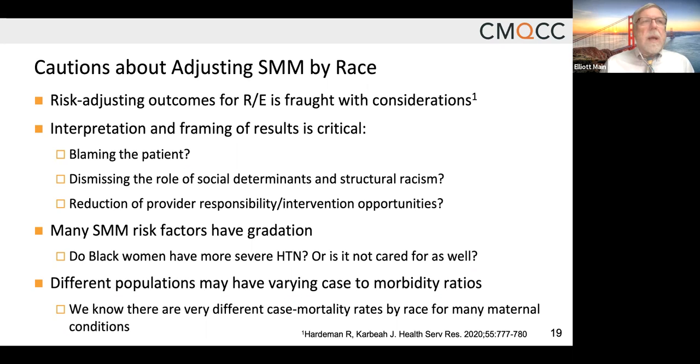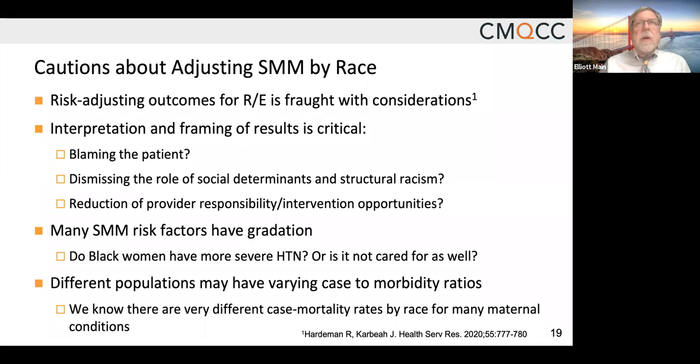We know that SMM risk factors are grossly categorized within our risk adjustment model, and they have gradation. Chronic hypertension can be a history of it, or maybe one medicine, or it could be on 3 medications, very difficult to control versus easy to control. Different populations may have varying case to morbidity ratios.